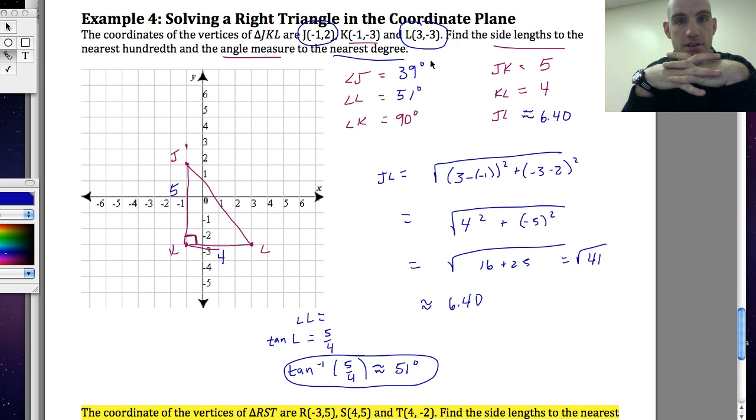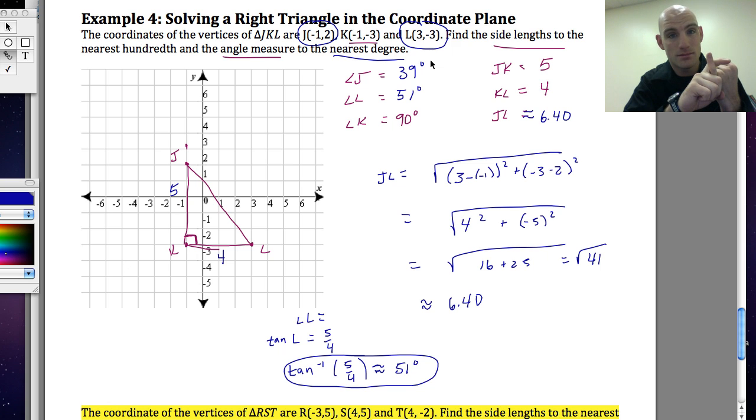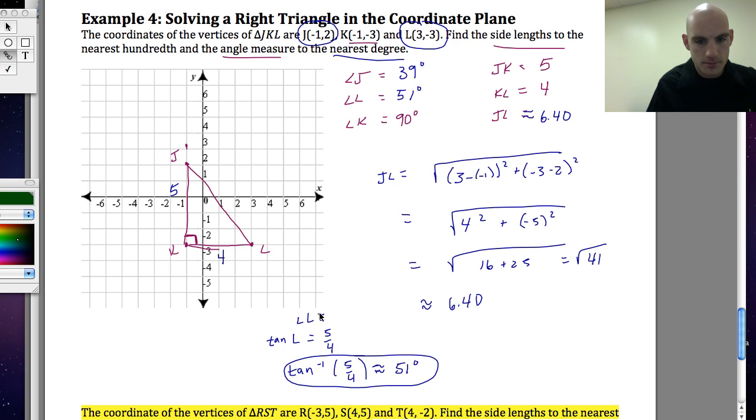Could I have selected other ways to do this? Absolutely. There's a lot of different ways to do each piece of this problem. But what I need you to understand is a couple of things. Don't round until the end. And try not to use a rounded value. So, here are our principles. Don't round until the end.